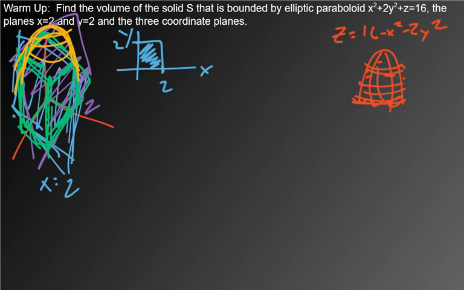That's the idea. So I'm going to set that integral up and just do 0 to 2, 0 to 2. I put in my function, negative x squared minus 2y squared plus 16.